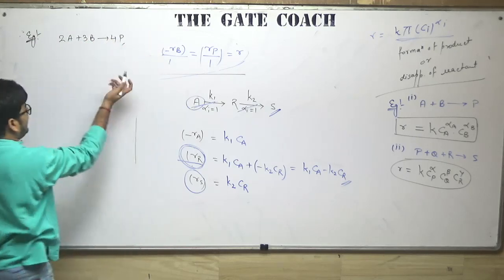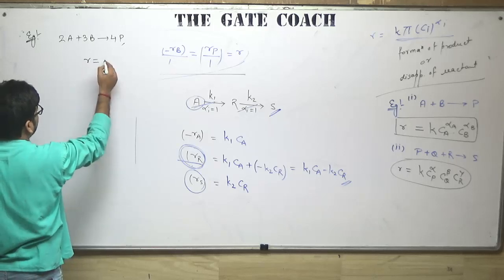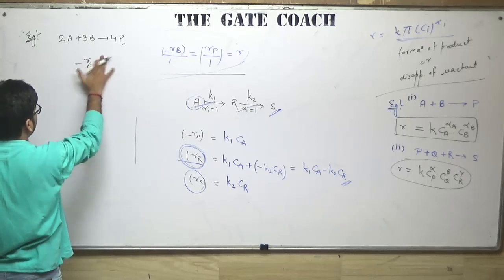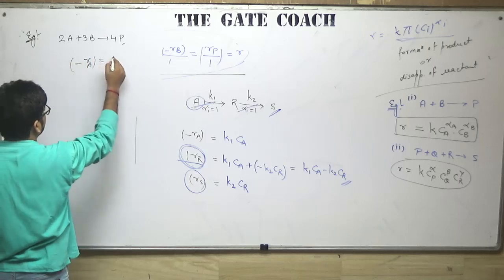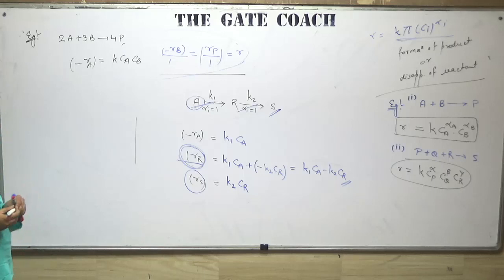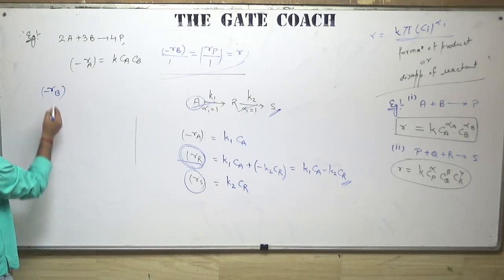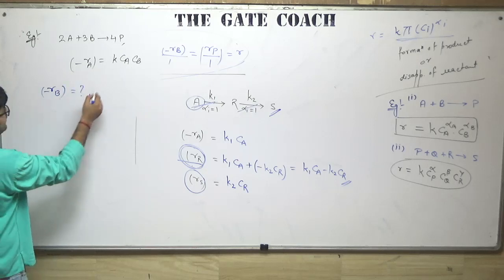Okay. And here minus rA is given as K Ca Cb. Then what will be minus rB and rP?